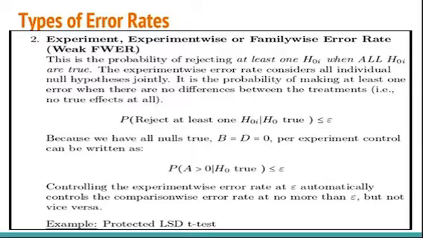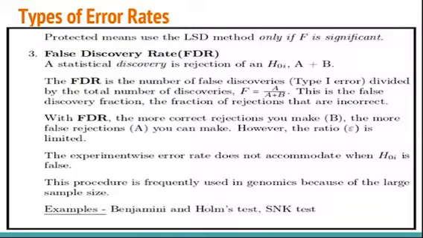You cannot use the same error rate for all the families. When you do, the error rate will be inflated. The type 1 error will be inflated, and you're basically going to mislead the general public. And therefore, we need to protect the LSD. That's what we call protecting the LSD.